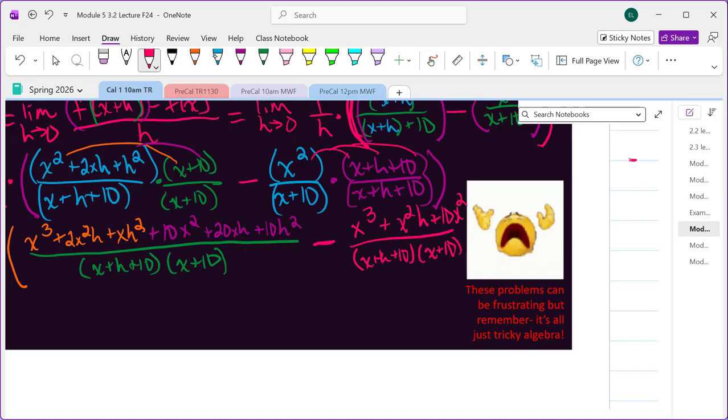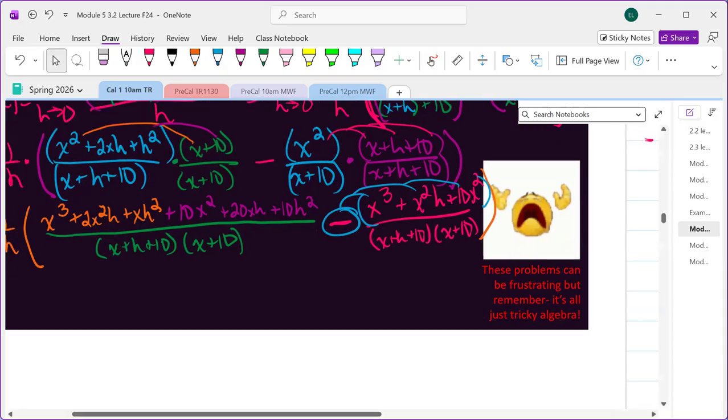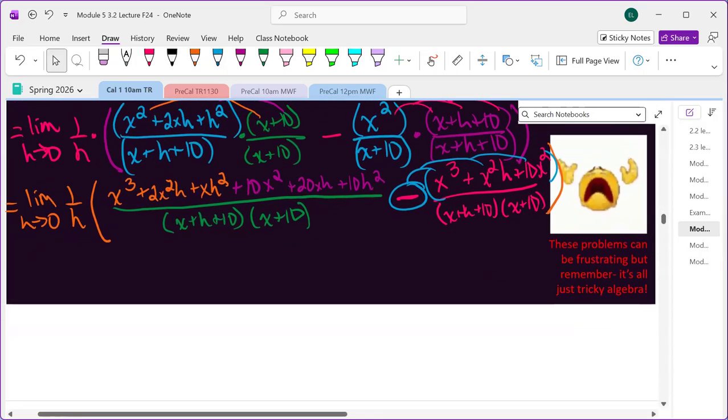Now notice the subtraction is still between these two fractions. This subtraction, though, is going to need to be distributed through everything on the right fraction. So when we combine these fractions together, that subtraction in between has to apply to everything in that second fraction.